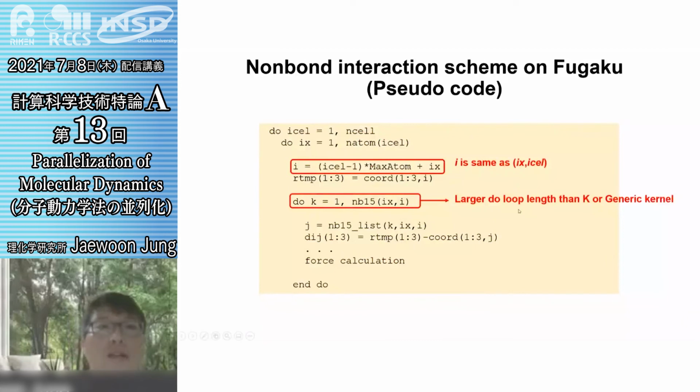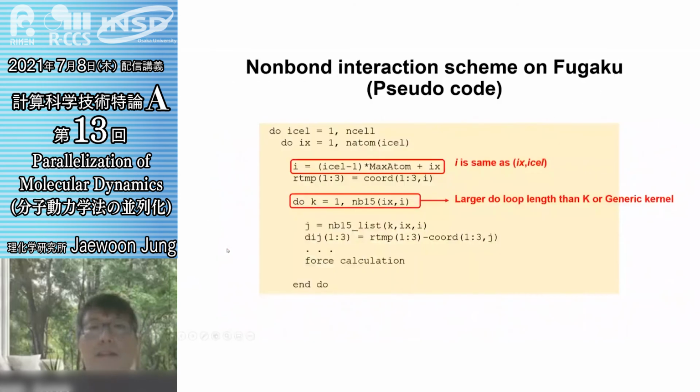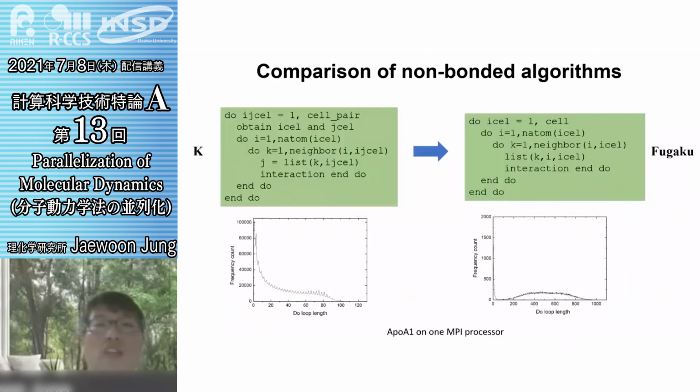But here, for each cell and each atom, we just make a larger index of the combined interactions. So by changing the algorithm from the cell pair to this way, we can obtain much larger loop lengths.